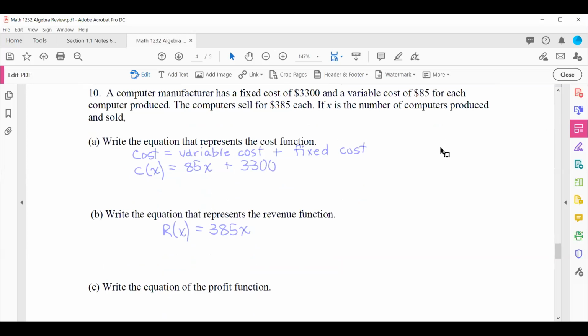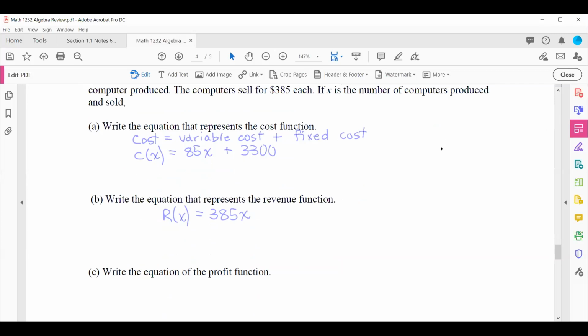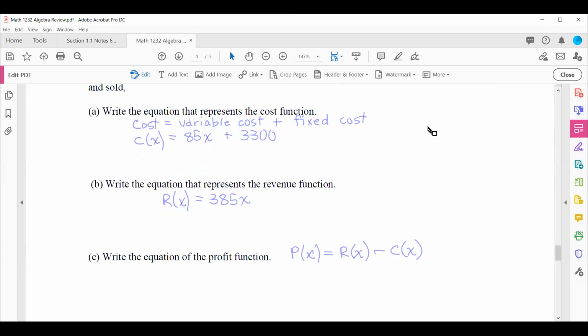All right, now for profit. The profit is the revenue minus the cost. So now I just do some algebra. I'll put P of X, take the revenue function that I just formed and subtract all of the cost function.